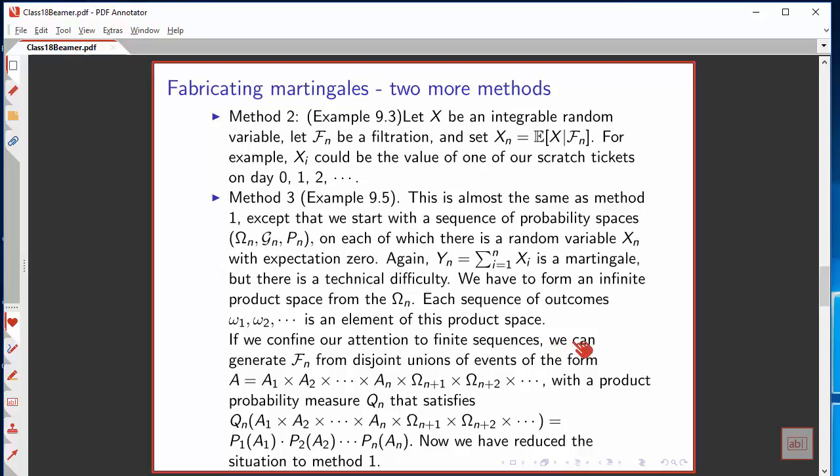However, we can solve the problem by worrying only about finite sequences.